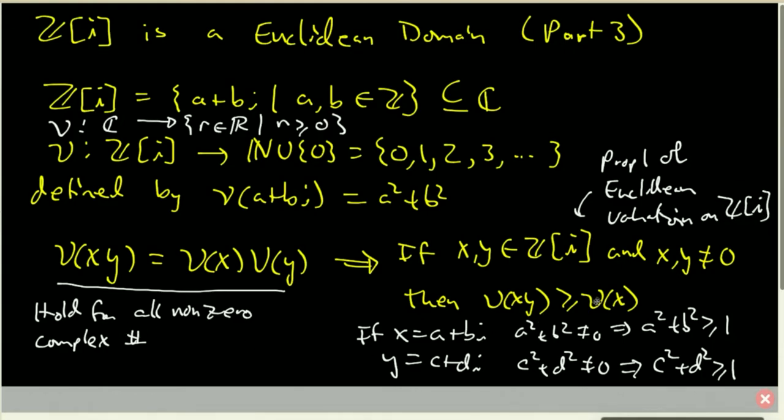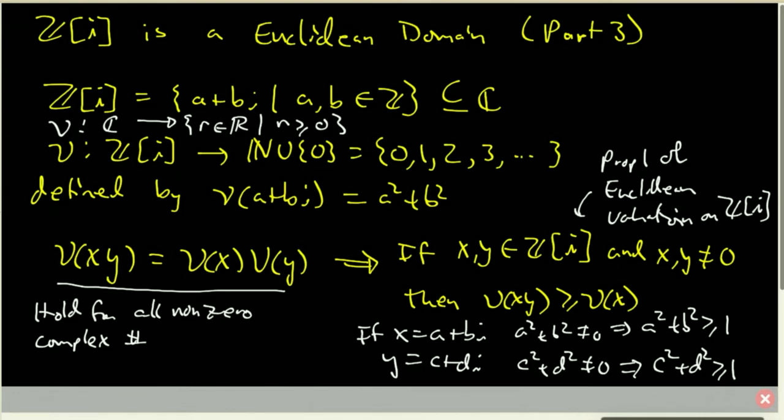But in general, this particular inequality is not true for all complex numbers, so nu is not going to be a Euclidean valuation on the field of complex numbers, just on the ring of Gaussian integers.